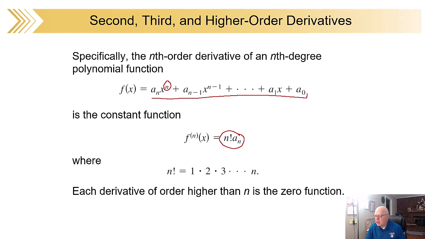If you want a shortcut, which you really don't need, but if you did, one of the factors of the nth order derivative would be n factorial. That's 1 times 2 times 3 all the way up to n, and then times this a to the n, which is the number you had up here. So the factorial of n times this first coefficient is the constant you end up with.